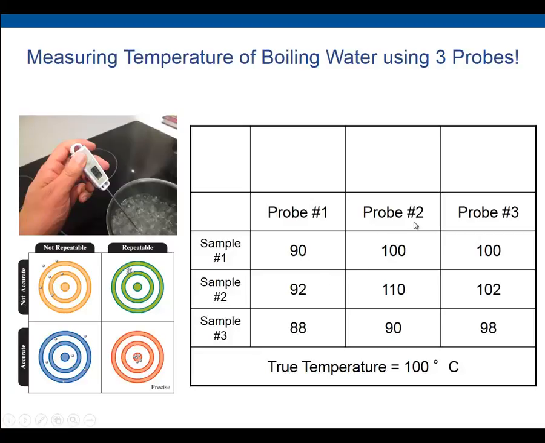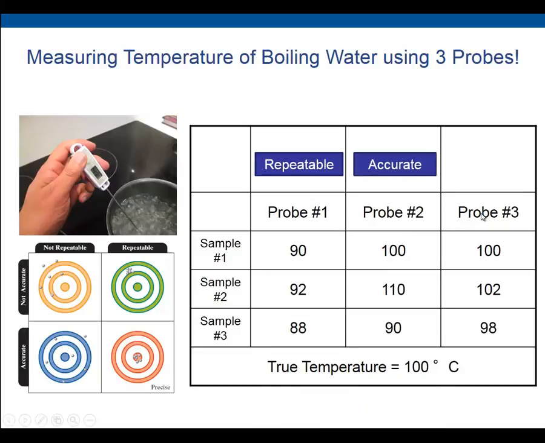How about the second one? The average is very close to the true temperature, right? So it is accurate, but the individual values vary considerably. Okay, so this is not repeatable. How about probe 3?